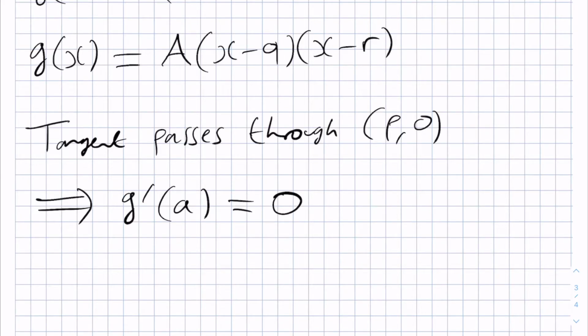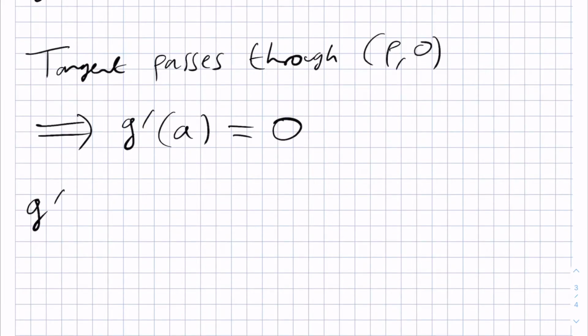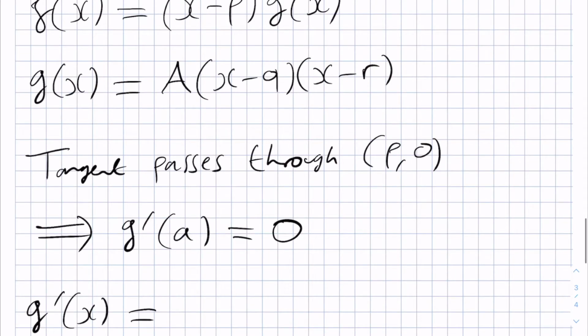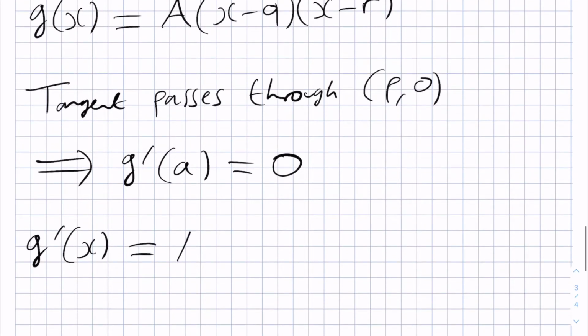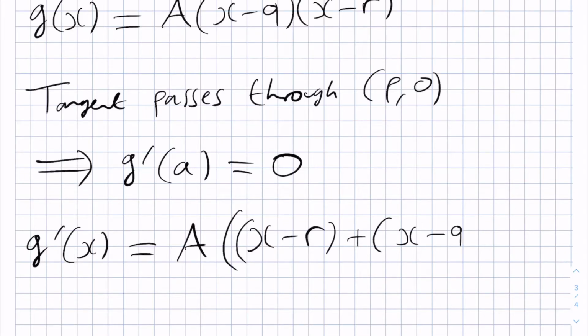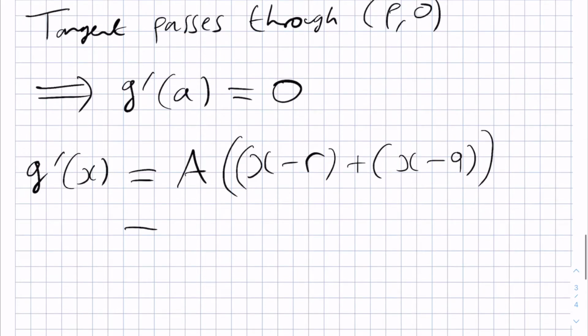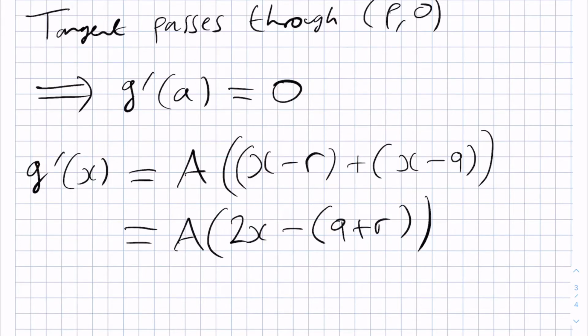So, let's calculate what g prime of x actually is to begin with. Using the product rule, g prime of x is A times (x minus r) by differentiating the first factor, and then (x minus q) by differentiating the second. If we collect the x's together, we have A times (2x minus q plus r).